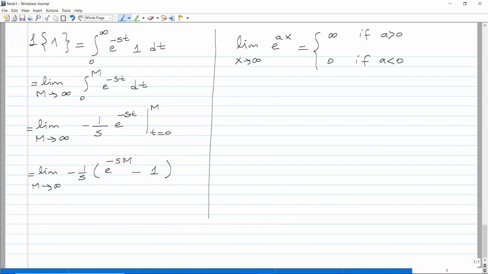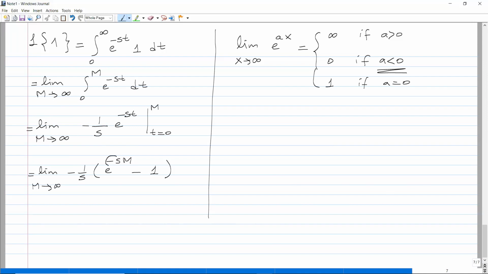So if the coefficient of x in the power of e is negative, then the limit is 0. And if this coefficient is 0, you have the constant function 1, so the limit is 1 if that constant is 0.